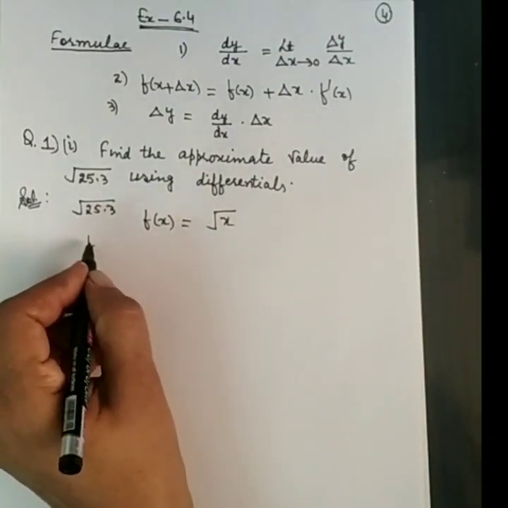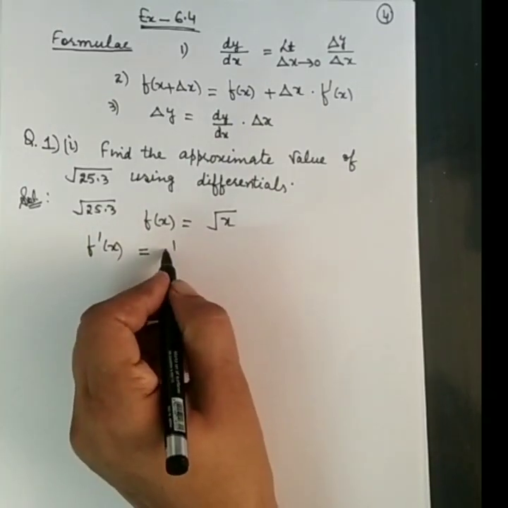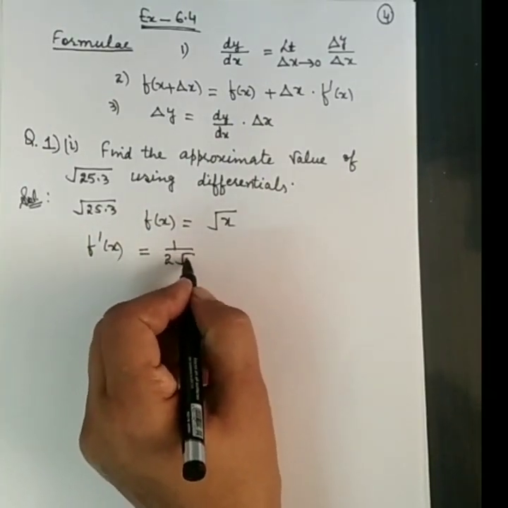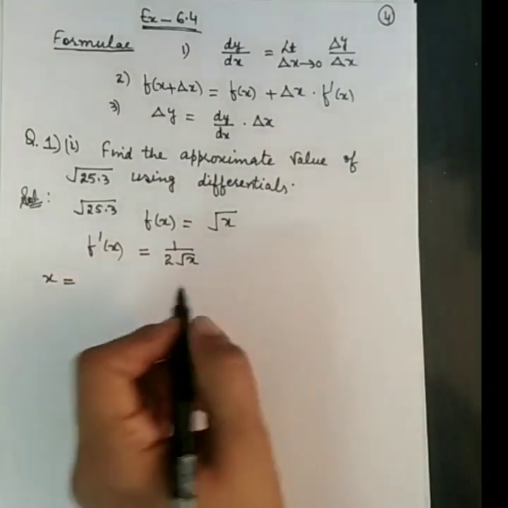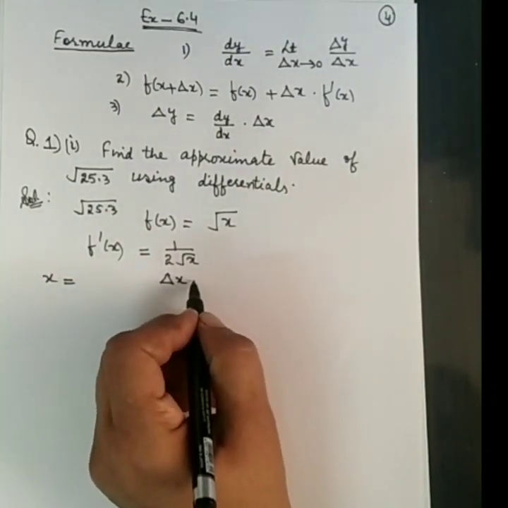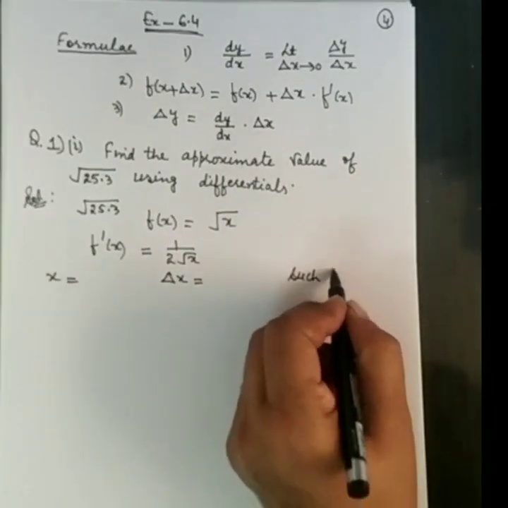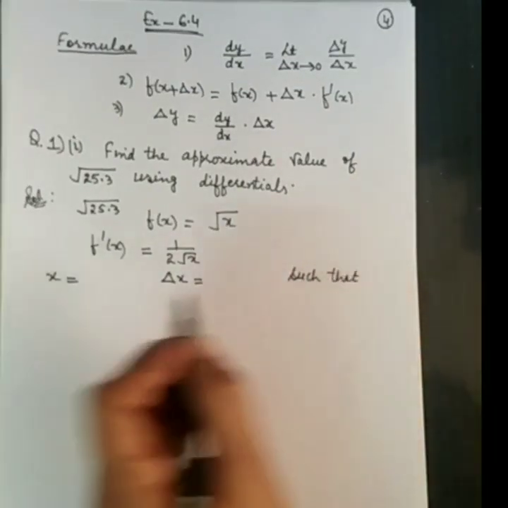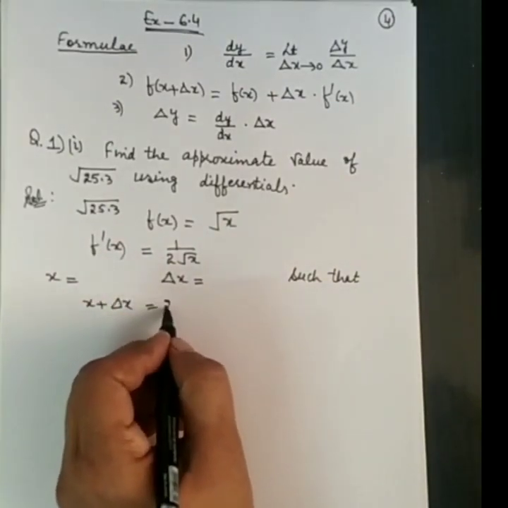So find f dash x. That will be 1 upon 2 under root x. Now consider the value of x and delta x such that x plus delta x will be 25.3.